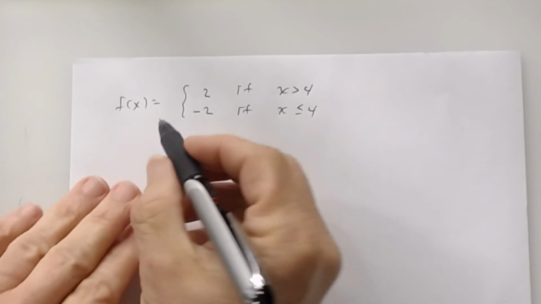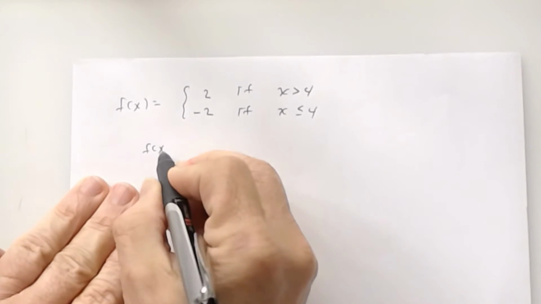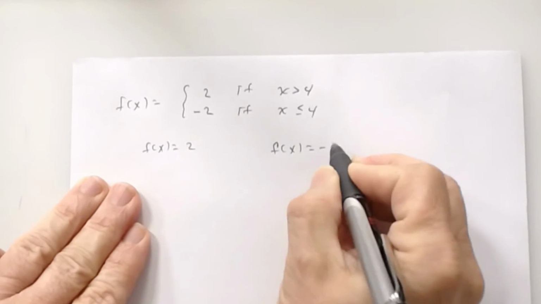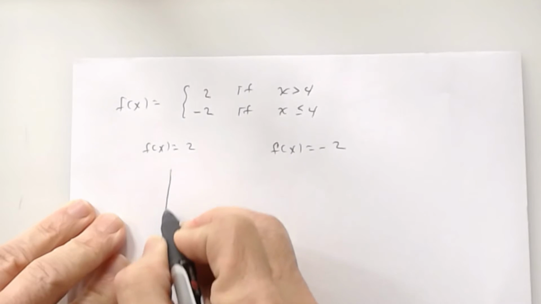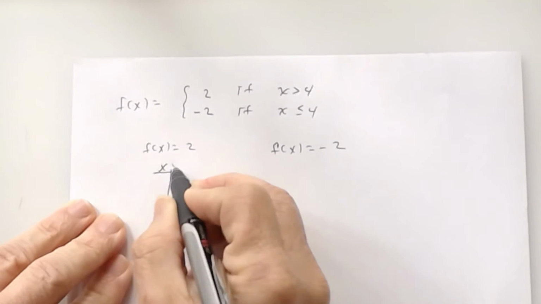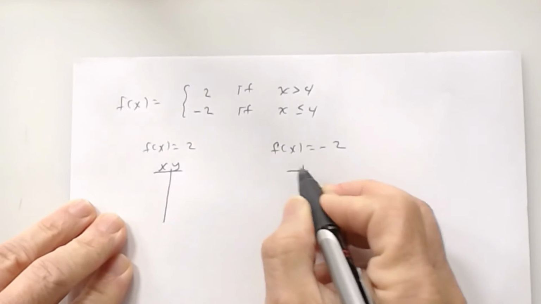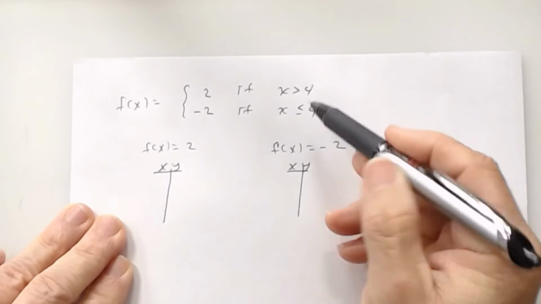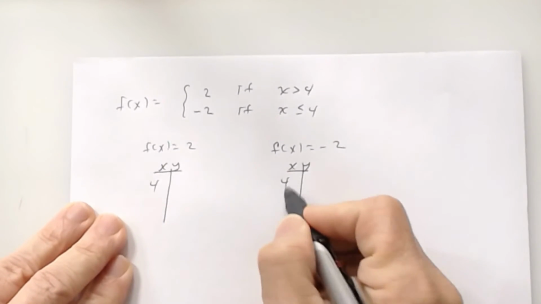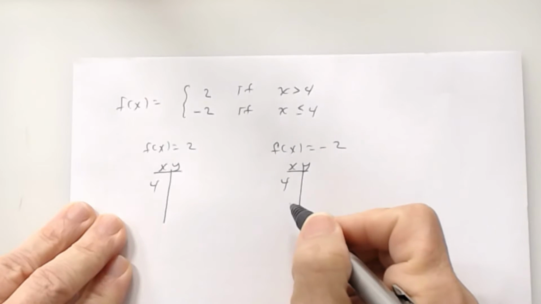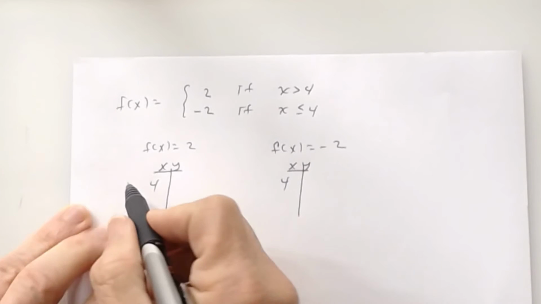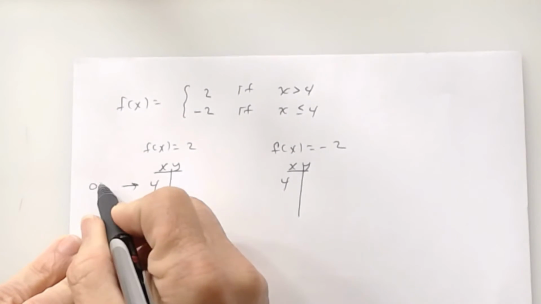All right, so you do the same thing you did earlier. You're going to say f of x equals 2, f of x equals negative 2. Do a t-table. I've got to use which value for x for both? 4. Which one's going to be the open circle? Which one's going to be the closed? Are they both open? Okay, that one's going to be open right here.